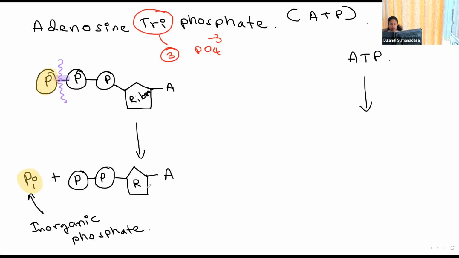And write down the name of the newly formed compound. So there's 2 remaining phosphates. So instead of saying adenosine triphosphate, you're going to say, because we just change the triphosphate, we have only 2, so it becomes adenosine diphosphate.